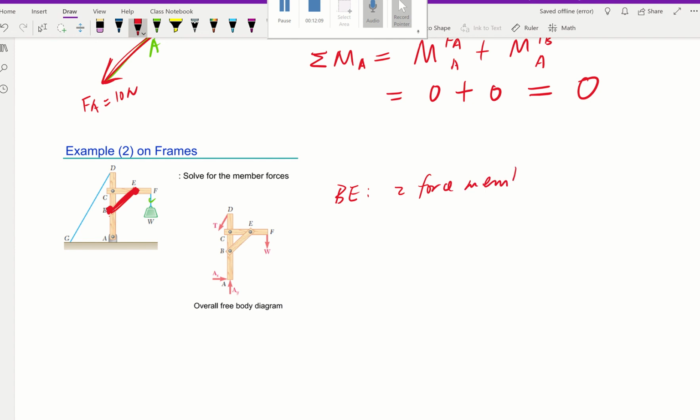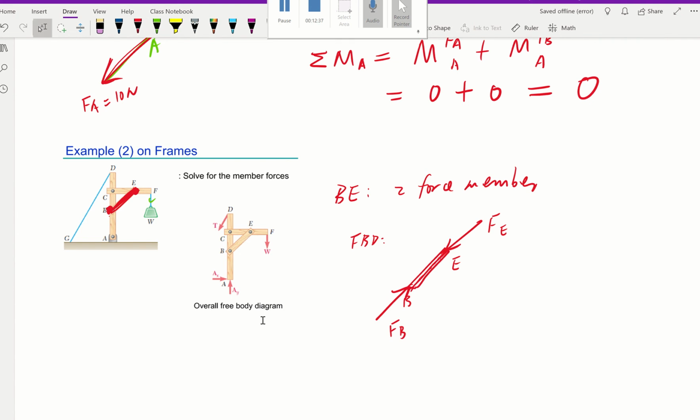If you identify a two force member, you immediately know, if I were just looking at the FBD, free body diagram, of BE only, I know the force at B and the force at E have to be equal, opposite and collinear. So I know it's going to connect B to E.